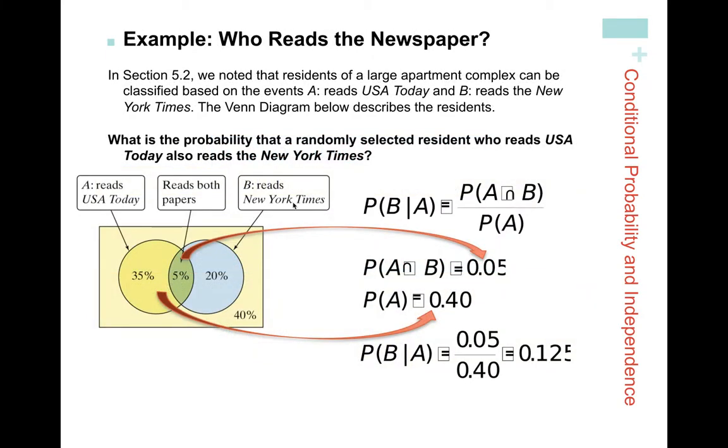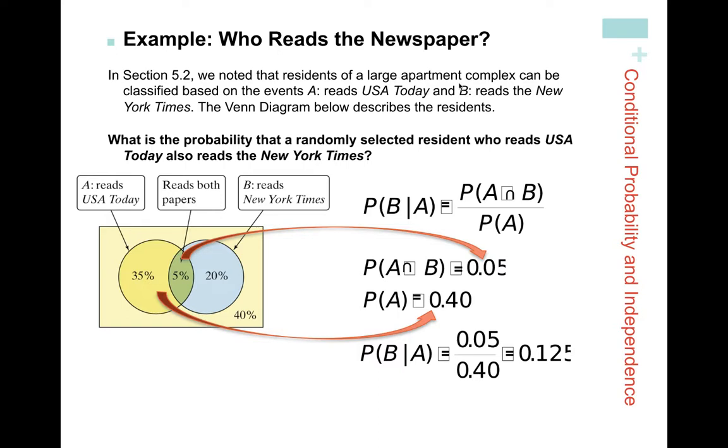Okay, so now if we look at a Venn diagram, in section 6.2, we noted that residents of a large apartment complex can be classified based on the events. Event A is reads USA Today. So A complement is they don't read USA Today. USA Today is the name of a major newspaper that used to be around a long time ago.